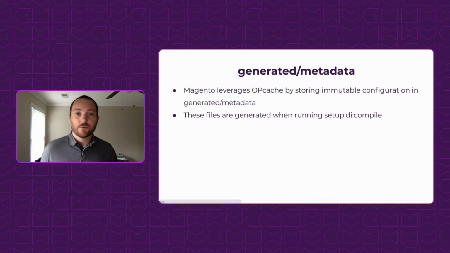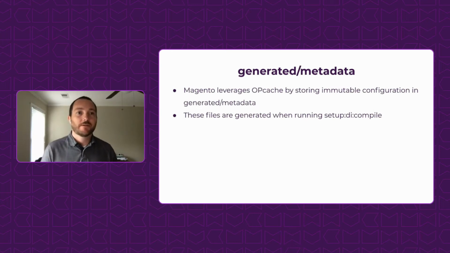If you look inside generated/metadata, you'll find a handful, probably 6 or 7 PHP files, and inside of those are arrays. Inside of those PHP files is the actual immutable configuration data that's read from the file system when Magento goes through and generates all that information.